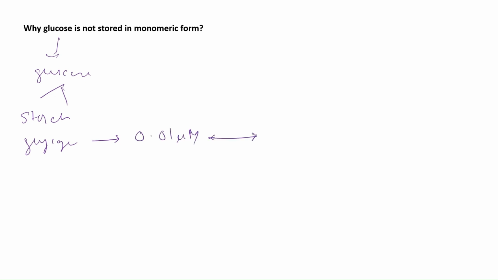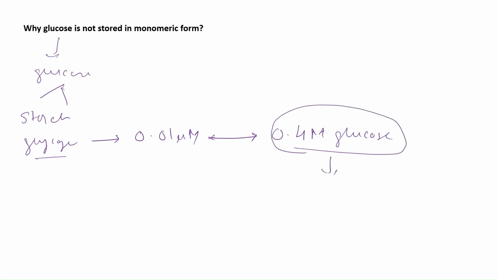Why in a cell can glucose not be stored in the form of glucose only? What is the need to convert it into starch or glycogen? Now, in a cell, the concentration of glycogen is 0.01 μM. This concentration is equivalent to a glucose concentration of 0.4 molar. If instead of glycogen, glucose is present in the cell, it increases the osmolarity of the cell.